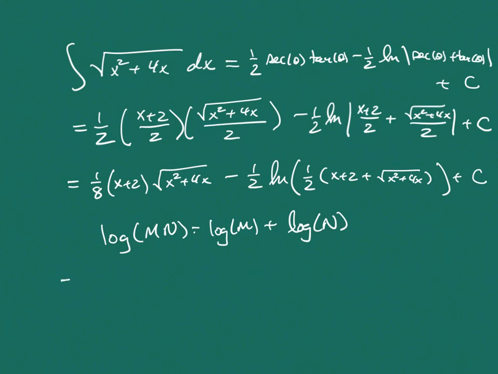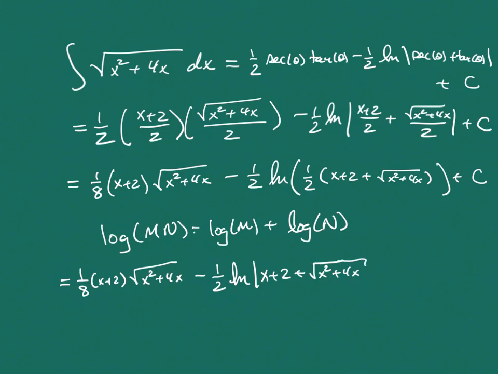So I could simplify this a little further as a 1/8 x plus 2 square root of x squared plus 4x minus my 1/2 natural log, absolute value, x plus 2 plus square root of x squared plus 4x, and then plus my new arbitrary constant c.